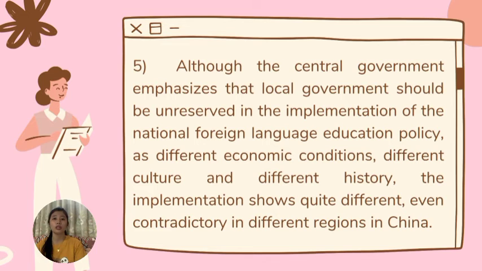Fifth, although the central government emphasizes that local governments should be unreserved in implementing the national foreign language education policy, because of different economic conditions, different cultures, and different histories, the implementation shows quite different, even contradictory, results in different regions of China.